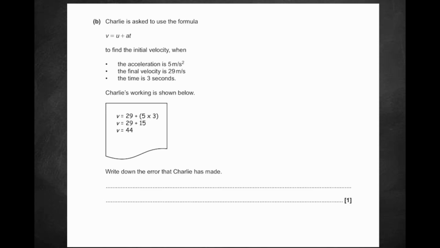He has put the wrong figure in, so v is final velocity. u is initial velocity. Charlie has put u as the final velocity.